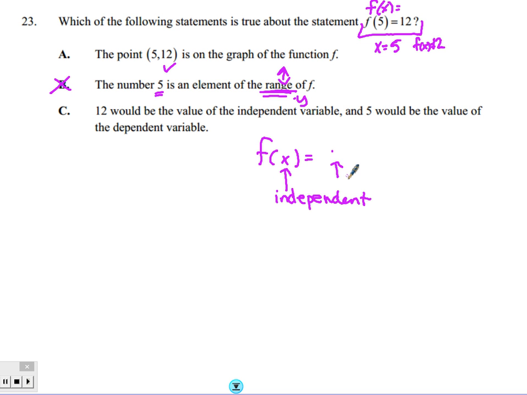That would be the dependent variable. All right, so in this case, 5 is not dependent, 5 is the independent. If we bought 5 shirts, it would cost $12. So that would be also false. Correct answer would be A.